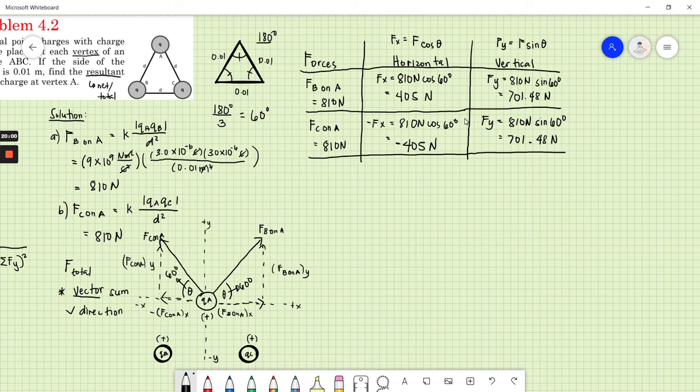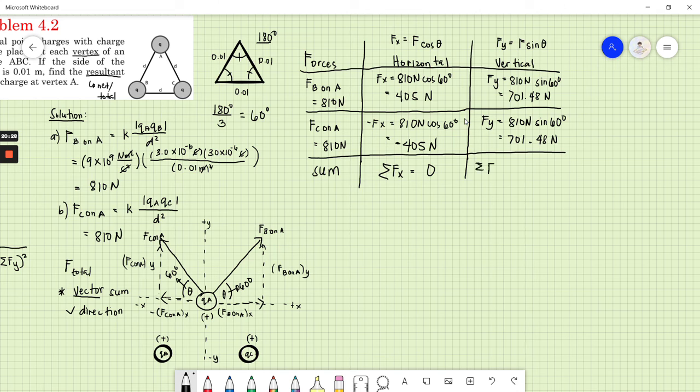So now that we have all our components, what we just have to do is take the sum. This would be our sum of Fx. So this is basically 405 newtons plus negative 405 newtons. That's basically 0 newtons, because plus and minus just means we're subtracting.